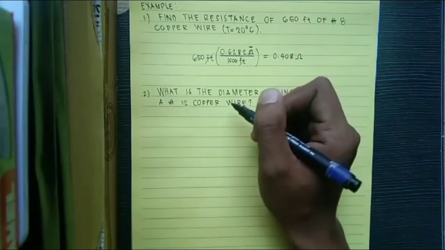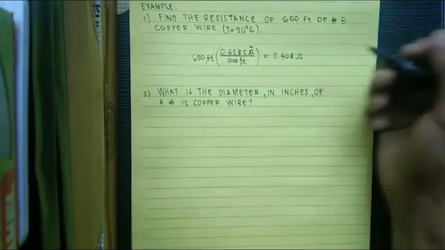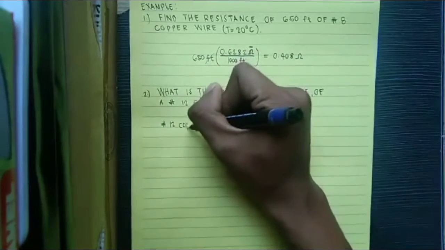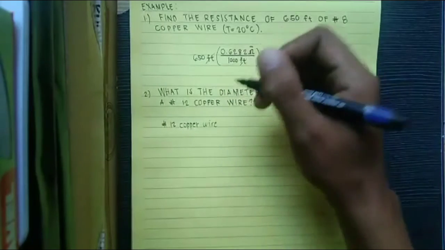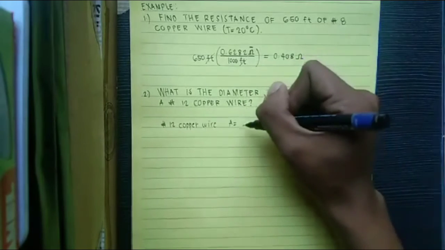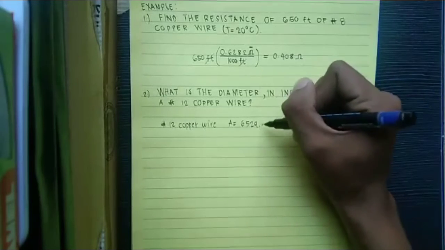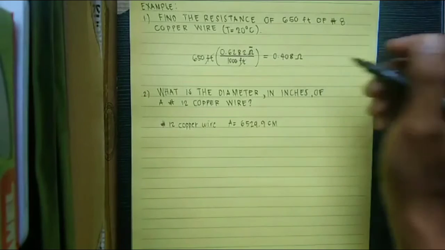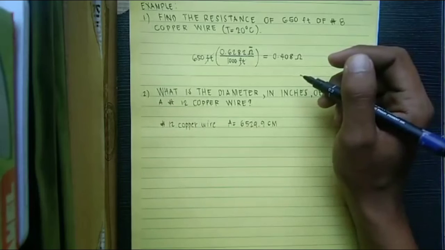So pag tinignan mo sa table yung number 12 copper wire sa AWG ay 6,529.9 circular mil. To get diameter, ang formula natin is A equals d squared.